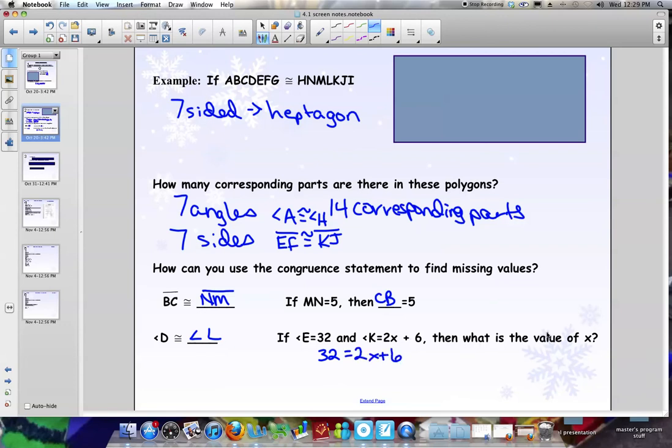And then you would use that equation to solve for x. So you would subtract your 6 over to the other side. You'd get 26 equals 2x. You would divide both sides by 2, and x would be 13. So you can also use your algebra skills along with your congruent statement to find your pieces that match up and to find missing values. That's what you need to know about corresponding parts.